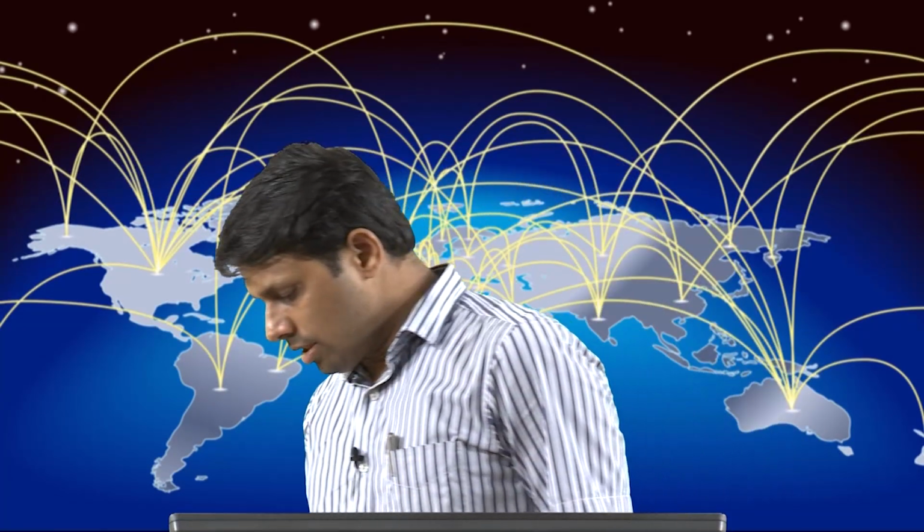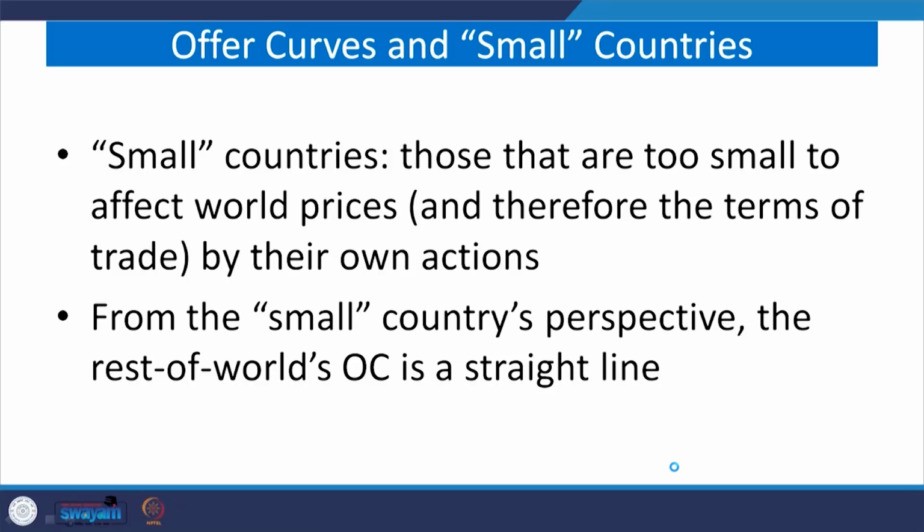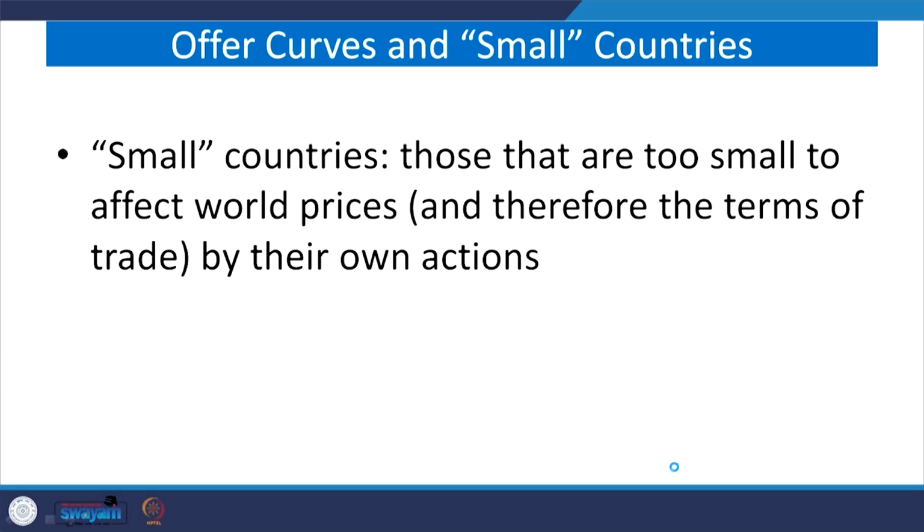In the case of a small country, the first attention is the following: small country, where we are referring to their impact on the world prices and their impact on terms of trade. Either their domestic demand or the kind of policies they suggest may not be impacting too much on the world prices.